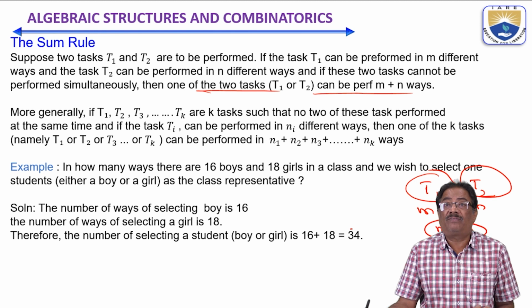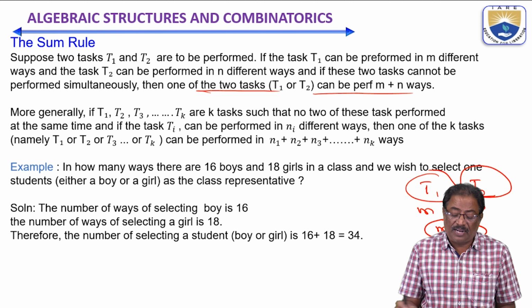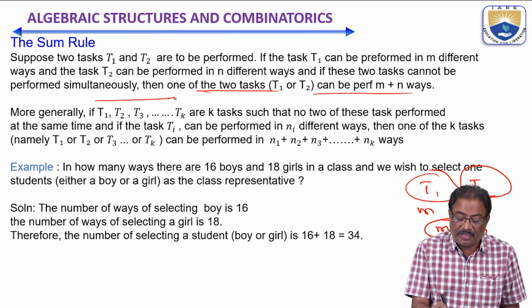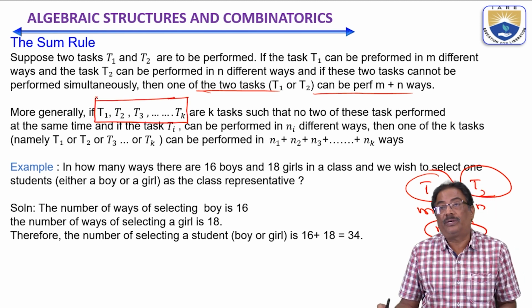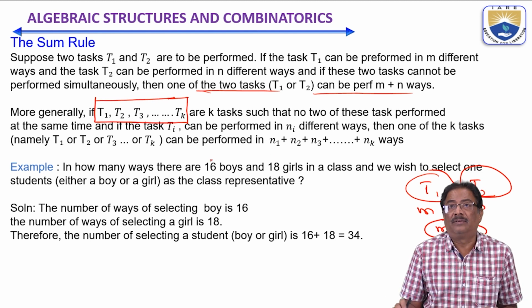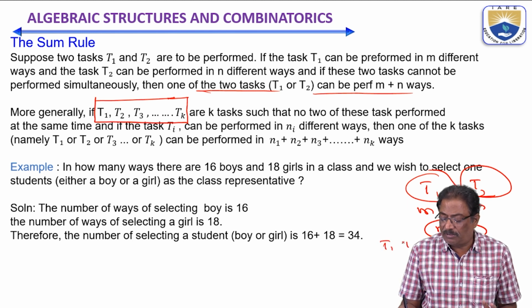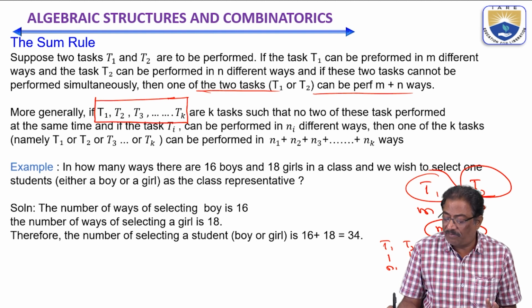If we generalize this, there are k tasks T1, T2, T3 and so on up to Tk, performed in n1 ways, n2 ways, n3 ways and so on, nk ways respectively.